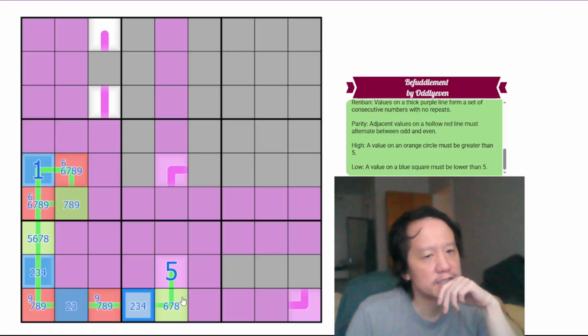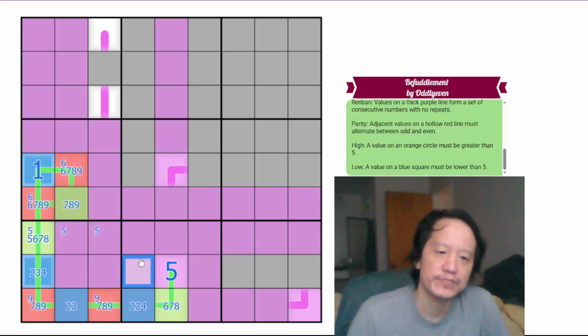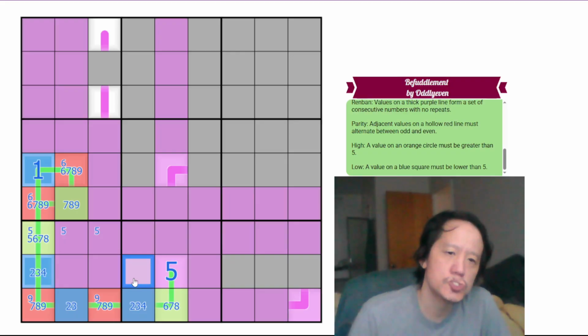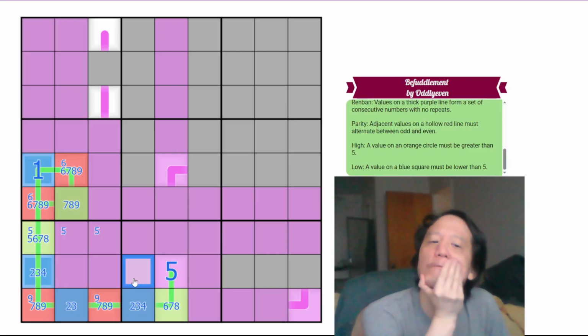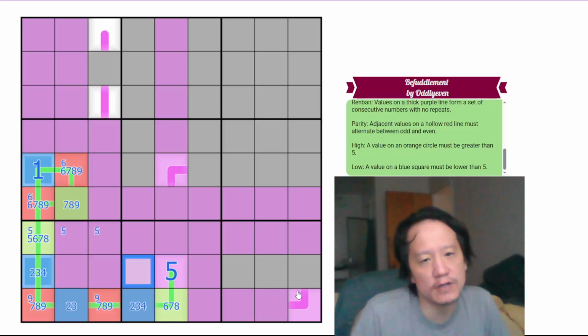What does that tell us? I'm not really sure. 5 cannot be here in box 7. 5 must be one of these 3 cells. Where is 5 in row 9?